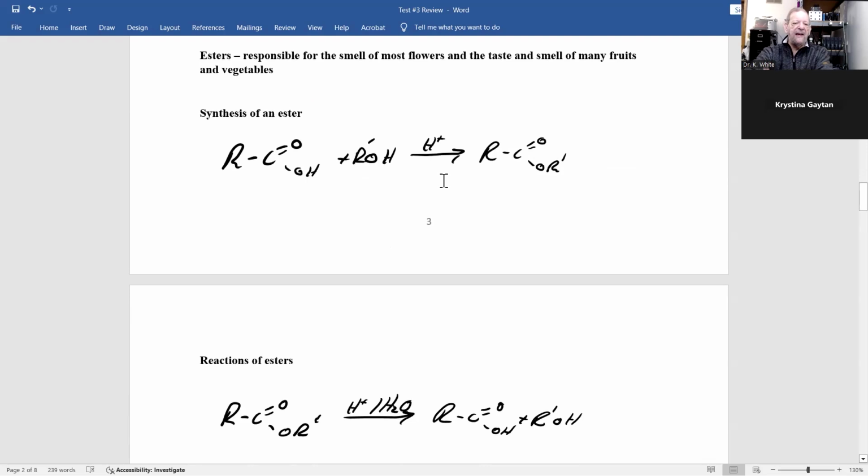Now, how do we make an ester? You do that by this reaction. It's called Fischer esterification, named after the great German chemist Emil Fischer, Dr. Emil Fischer. And we'll learn more about other things he did when we get into carbohydrates and sugars.